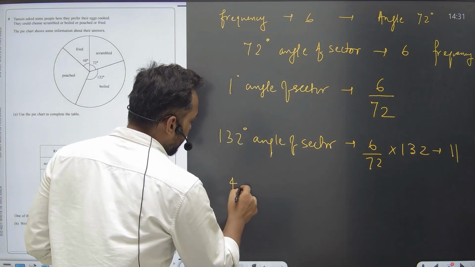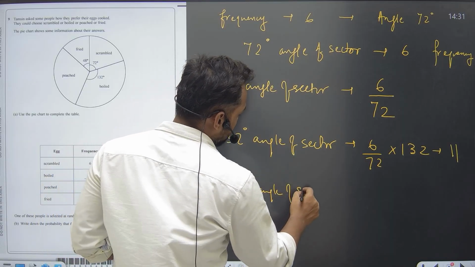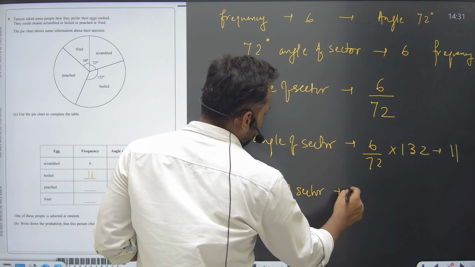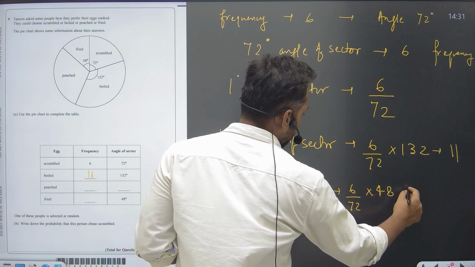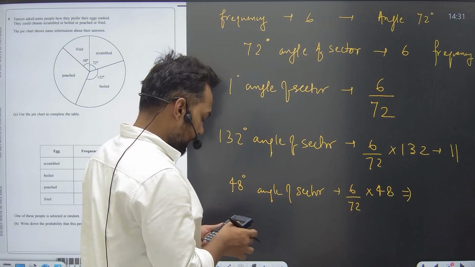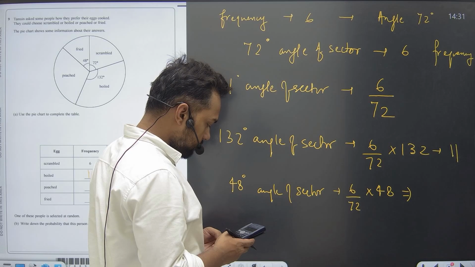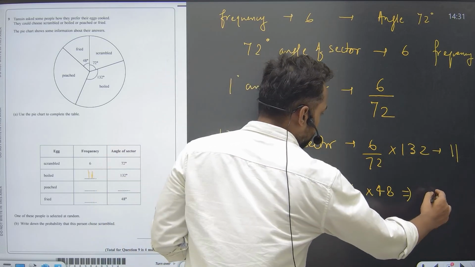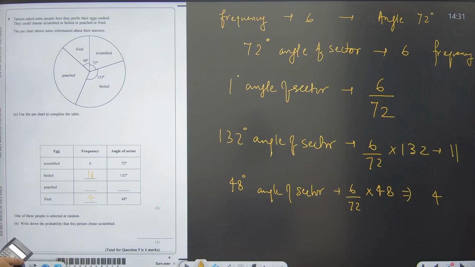So for a 48 degree angle of a sector, what will be the value? 6 by 72 cross 48. Six cross 48 divided by 72 is 4. So we have got this value as well, 4.